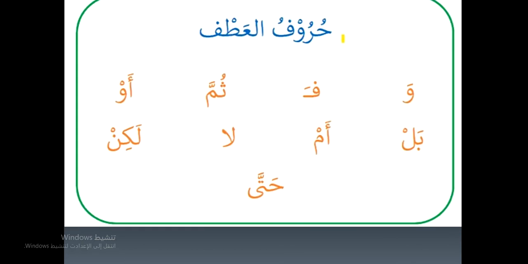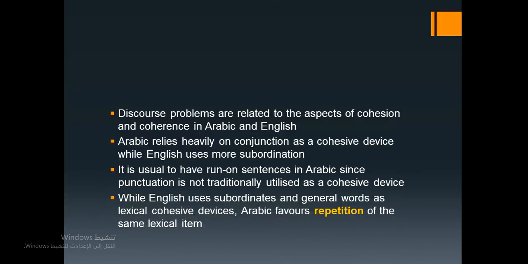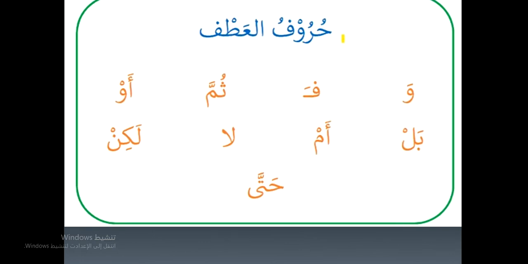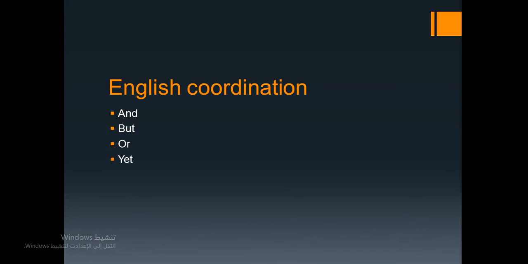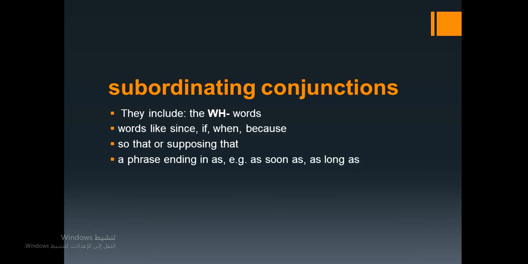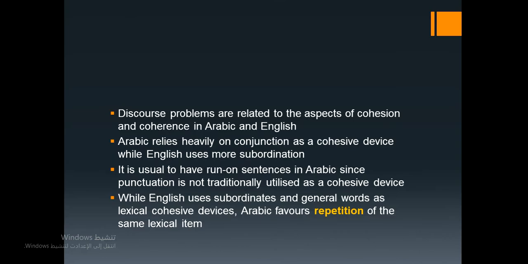Here are some examples of Arabic coordination: و ف ثم أو بل أم لا لكن حتى. And the English coordinators are and, but, or, yet.